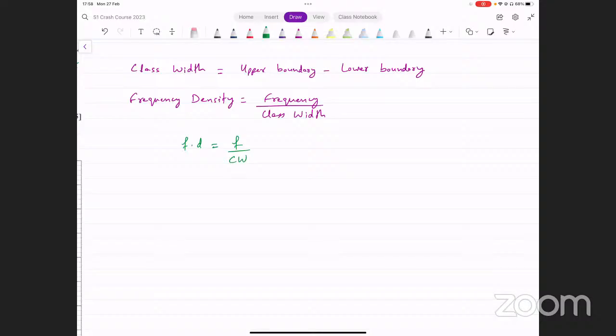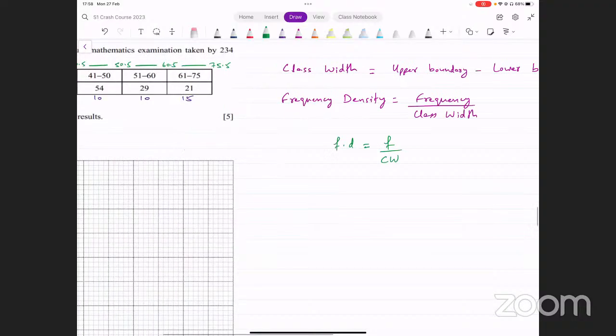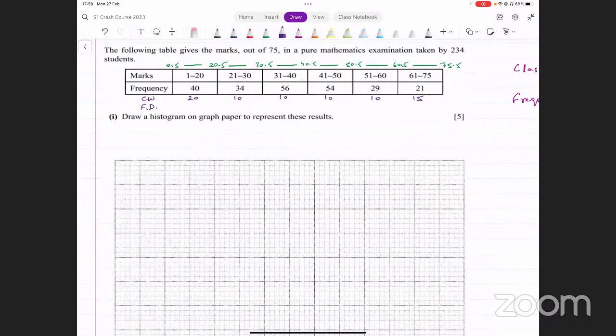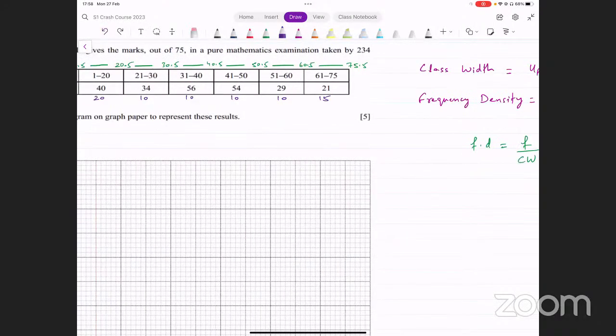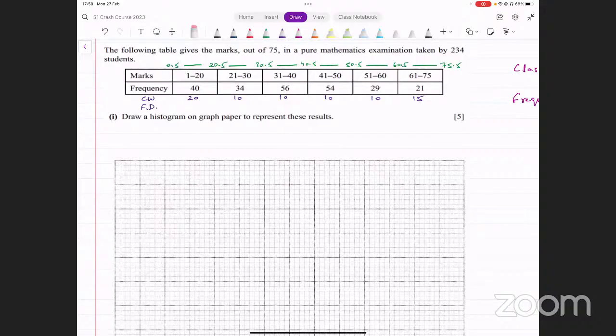For every interval, you take the frequency and divide that by class width, and that will give you frequency density. For the first interval, for instance, we have 40 divided by 20, which gives us 2. 34 divided by 10, that's 3.4.